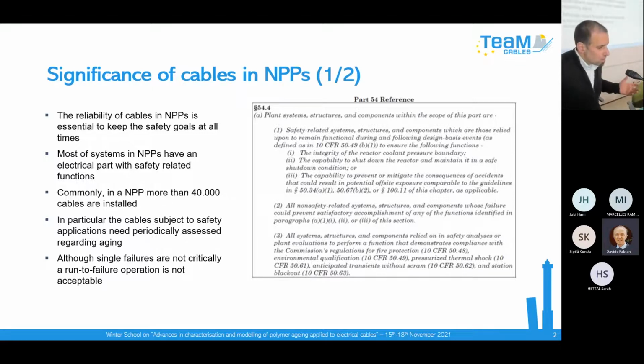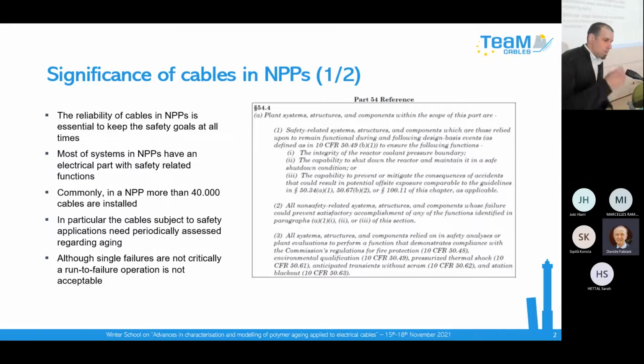On top, you have to deal with systems which are not directly connected to safety systems, but whose failure may impact safety systems. Mostly, it's just a subject of installation stability. But in the frame of aging management, it is also possible that operational systems are not designated as safety related from the beginning of the plant.